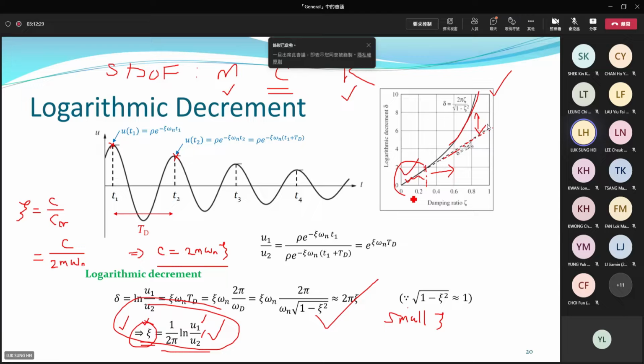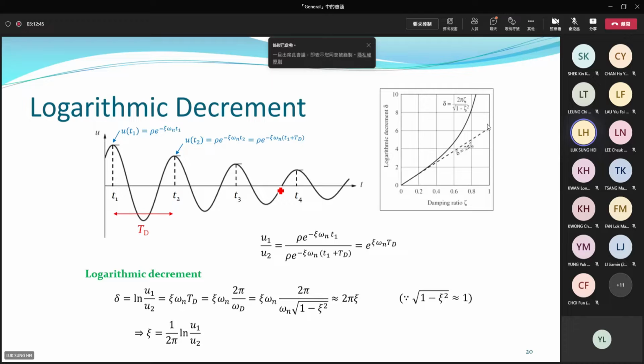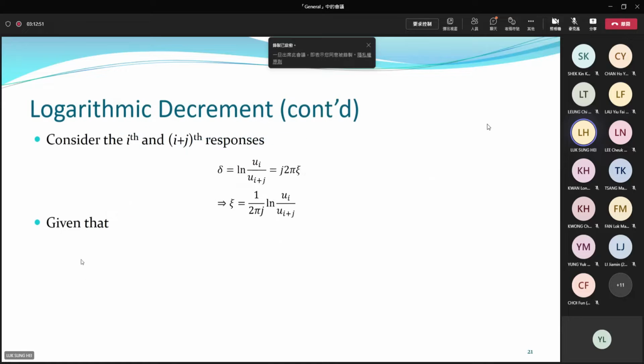That means within this range. So you can use this equation, like the log decrement, all the time in this module, as long as you are playing with free vibrations. Remember, the background: we are talking about free vibrations. Don't use the wrong equations.